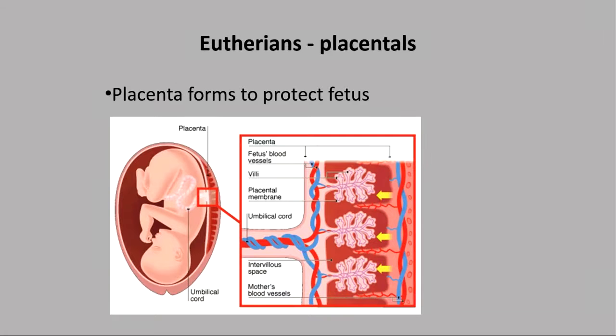A placental has what we call a placenta that protects the fetus. You could almost call the placenta the egg, but not really. The placenta is a membrane that surrounds the fetus, surrounds the amnion.